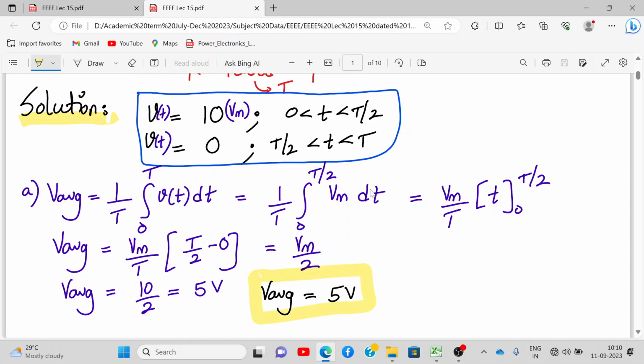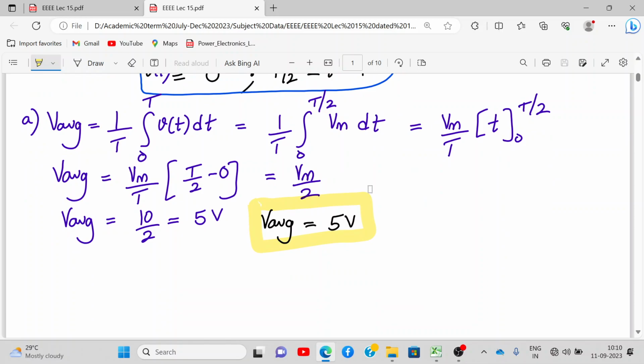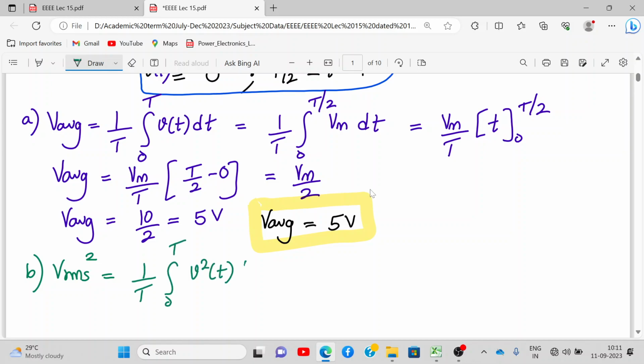Everyone understood? Any doubts? Now similarly find V RMS. Can I proceed? You have to be quick in writing. So let's start with V RMS. What is the definition of V RMS? We write V RMS square is equal to 1 by T integral 0 to T V square dt.